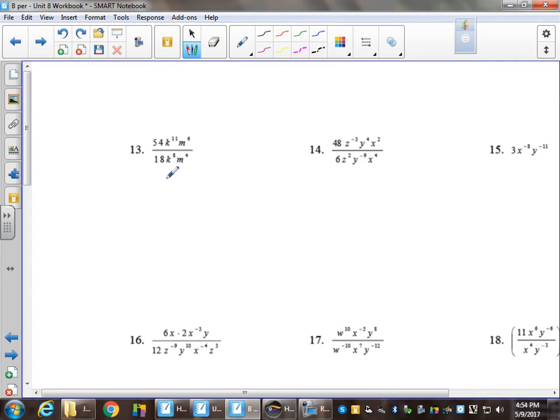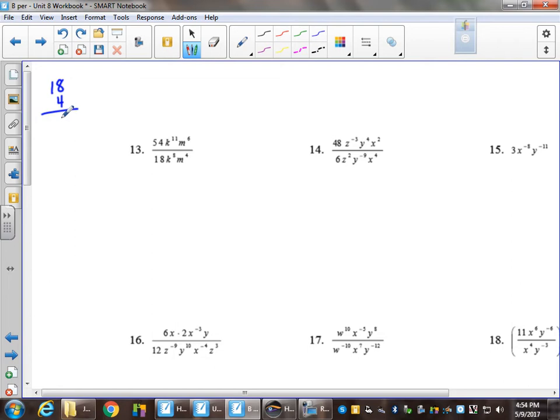Take a look. How are we going to reduce 54 divided by 18? Well, let's see. Does 18 go into 54 evenly? Let's see what 18 times 4 is. 8 times 2 is 16.